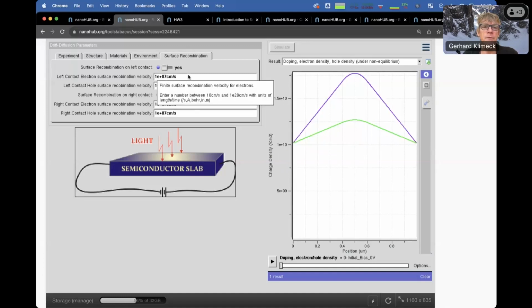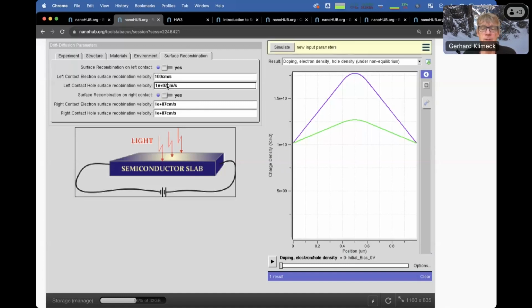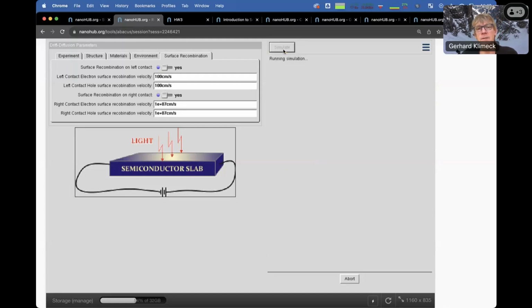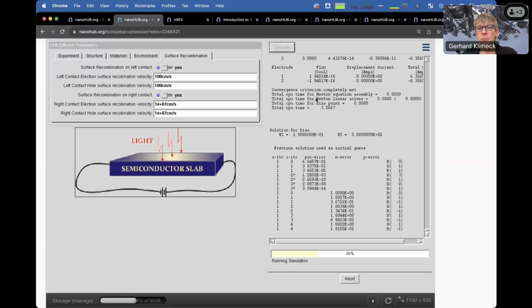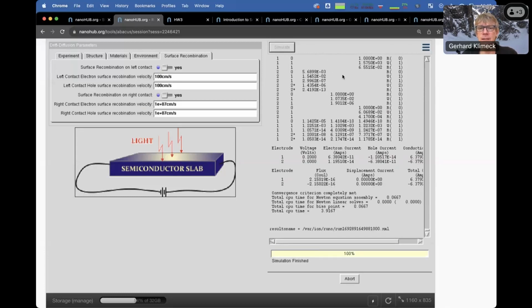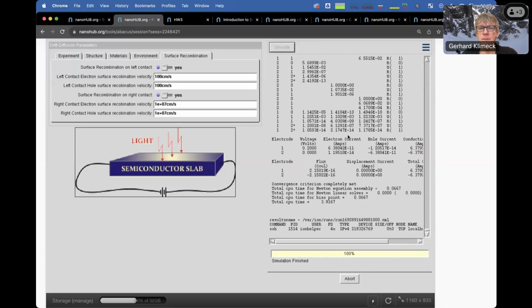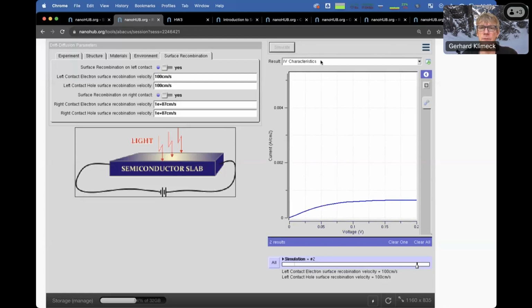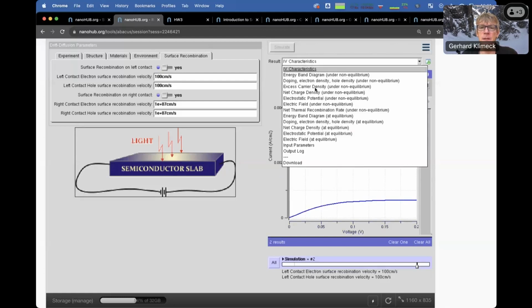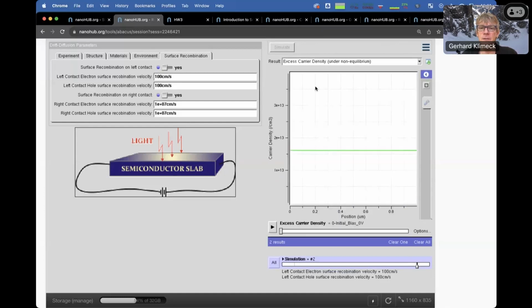Now, if you, for example, make that rate much smaller, say 100, just on the left, and simulate it, the distribution should become skewed, where not everybody is recombining at the surface, so not everybody's emptied out, so they sort of accumulate. And here we go. Let's look at the excess carrier density.